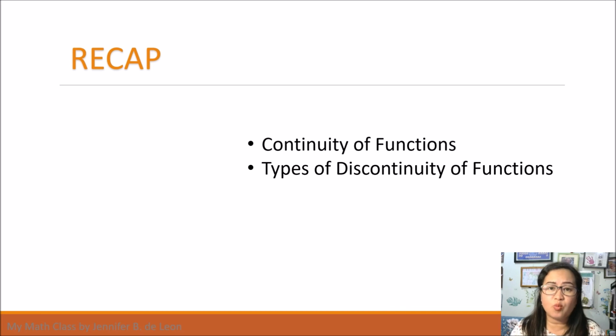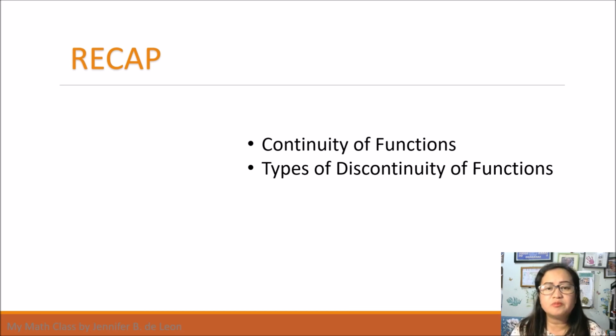Whereas if any one or more of the given conditions were not satisfied, then we can say that the function is discontinuous. When this occurs, there are three possibilities. The first one is the removable discontinuity. By the name itself, it implies that we can remove the discontinuity of the given function by redefining the function at the points of discontinuity.